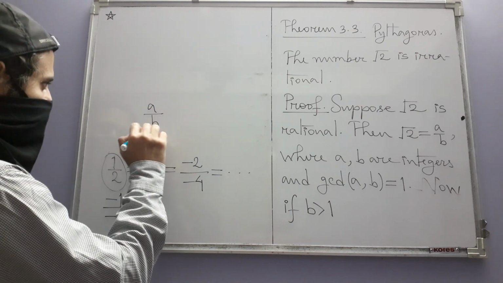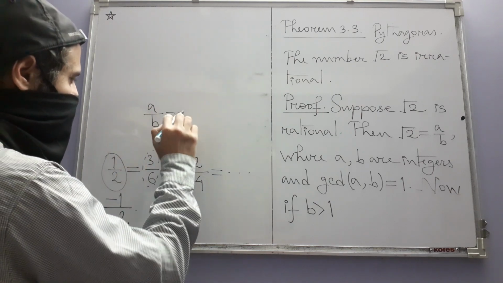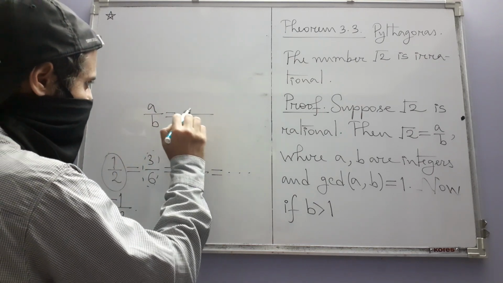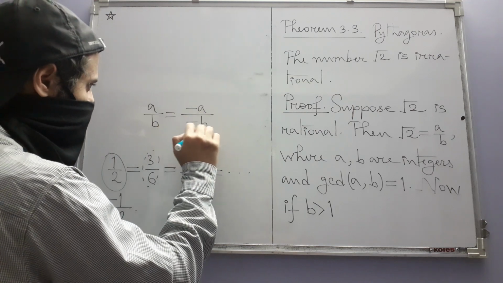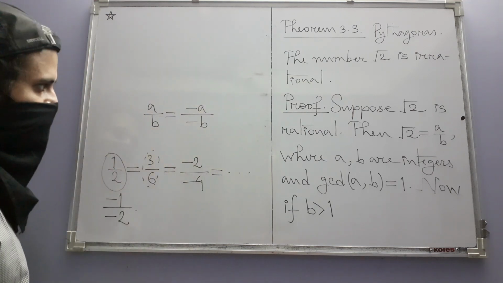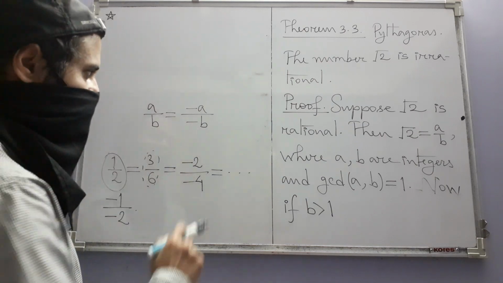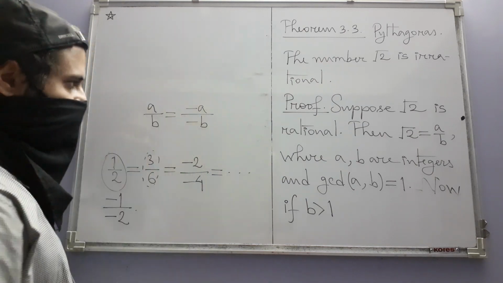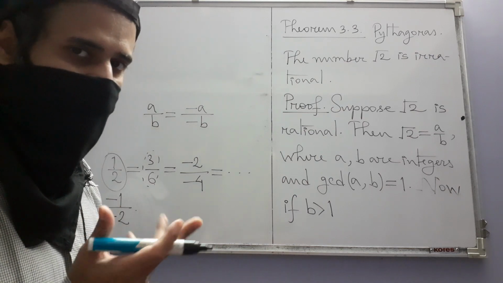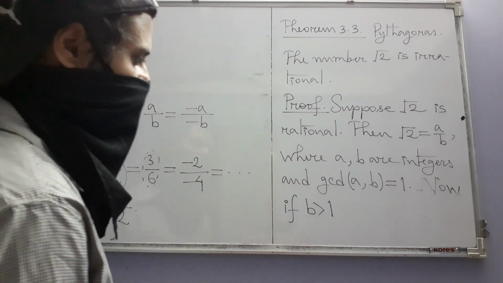If originally b is negative, then you can write minus a over minus b in place of this. Now minus b is positive. Whatever happens to a, it has been turned into minus a, we do not bother.